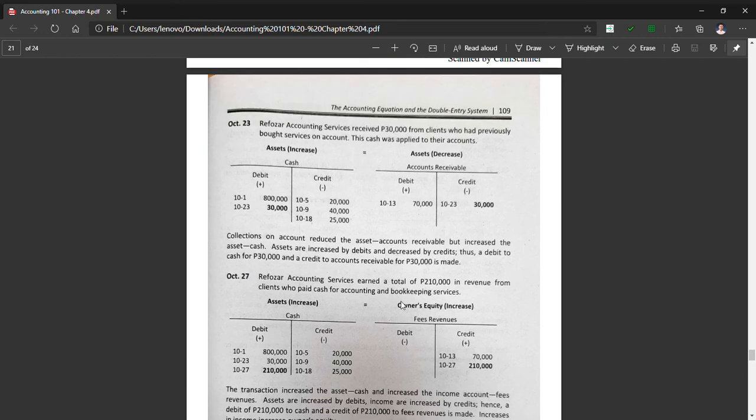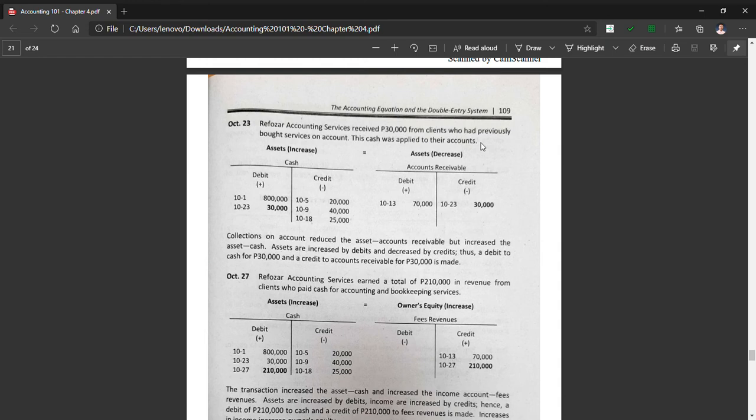October 23, Repository Accounting Services received 30,000 from clients who previously bought services on account. This cash was applied to their account. So, remember noon na merong utang yung mga customers natin. Well, ngayon, nakakollect na tayo ng 30,000. Okay, so, dahil nakakollect tayo ng 30,000, siyempre, mag-i-increase ang cash natin.